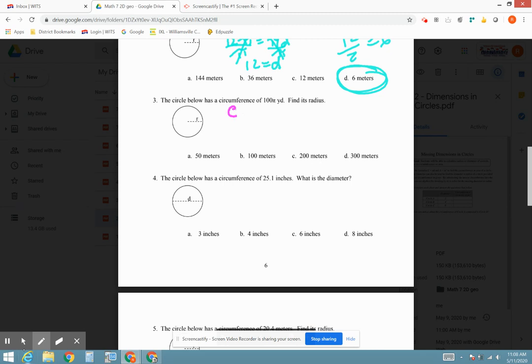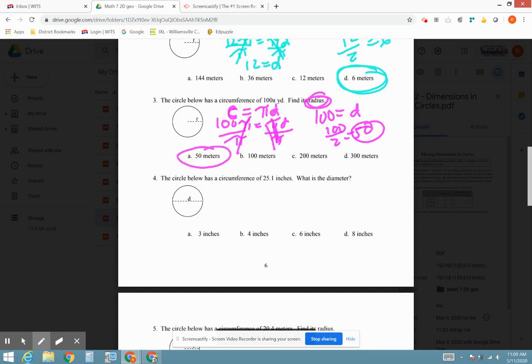And then check your work. Okay, hopefully you got choice A, 50 meters.